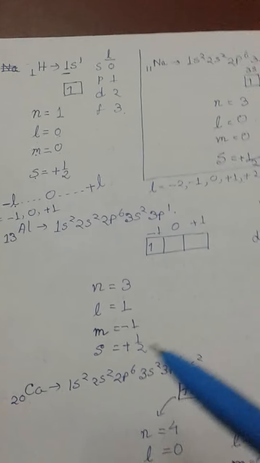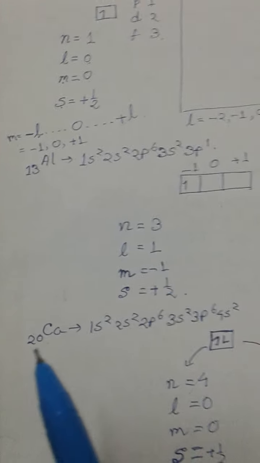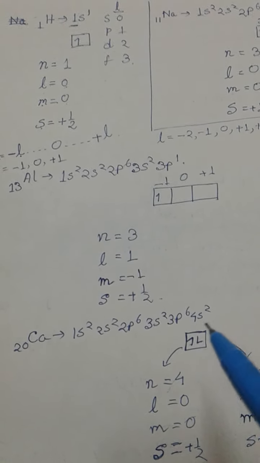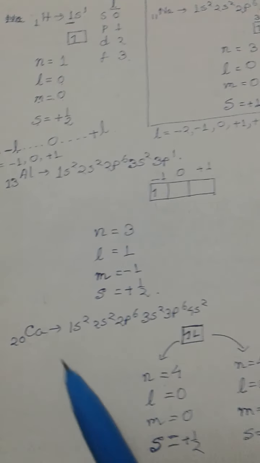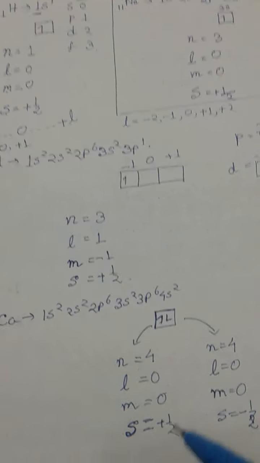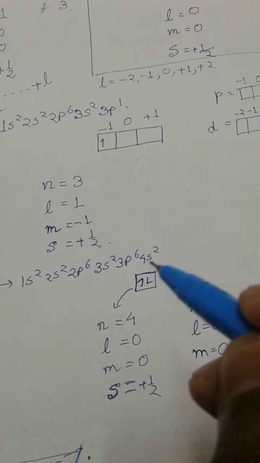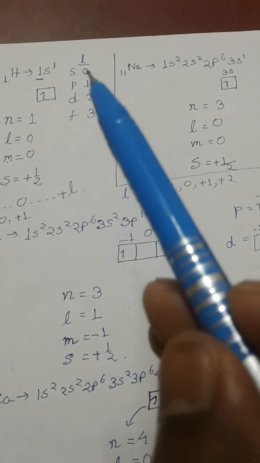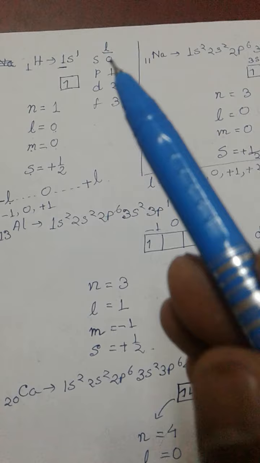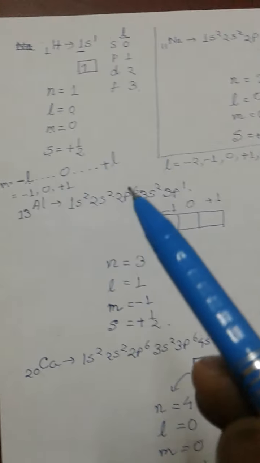Because the electron rotates in a clockwise direction. And now I write the 4 quantum numbers of the 4s2 electrons of calcium 20. Each and every electron has 4 quantum numbers: n is 4, l is 0, because s has l 0, and m is also 0, because when l is 0, m is also 0.